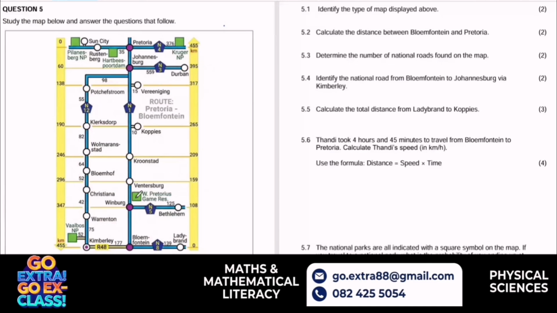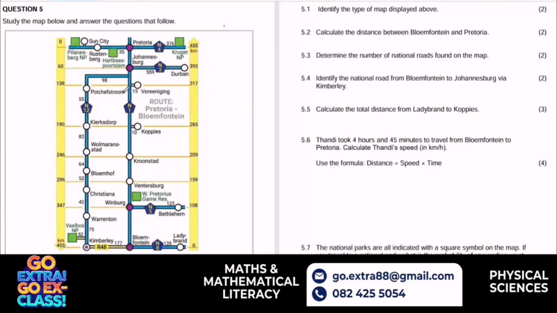We also have places of interest, which are represented by the squares in this map. And you also have other routes, the regional routes, for example the R48. So that is some of the information you can pick up from this.